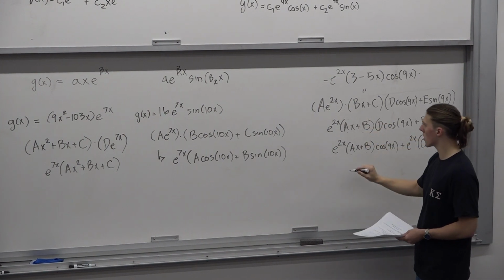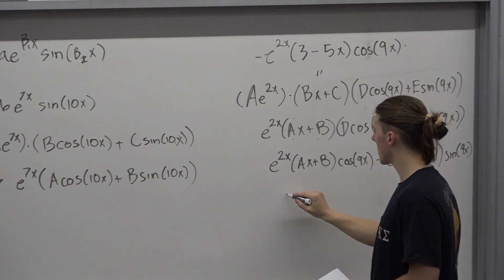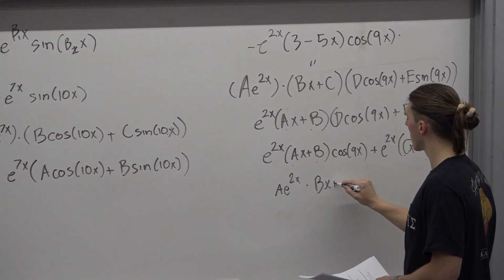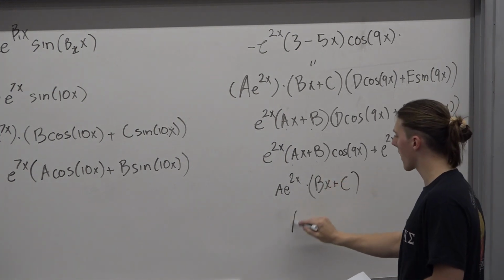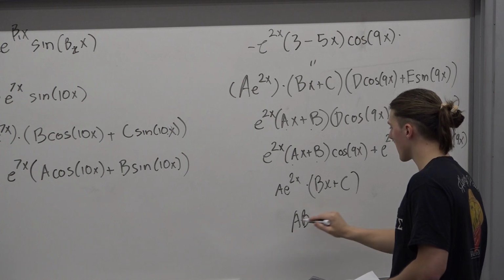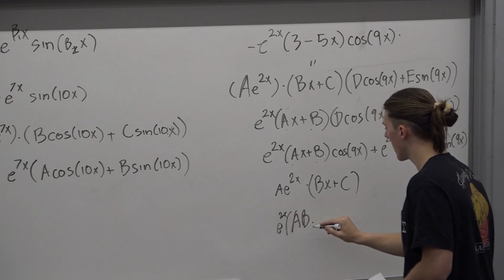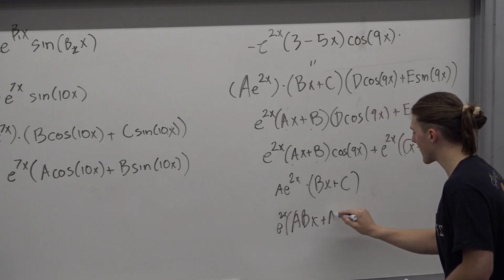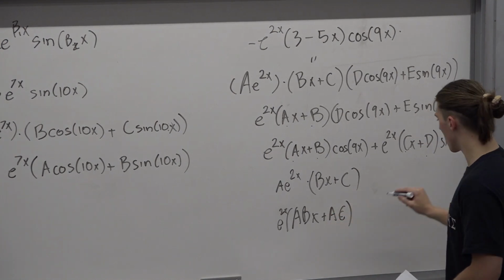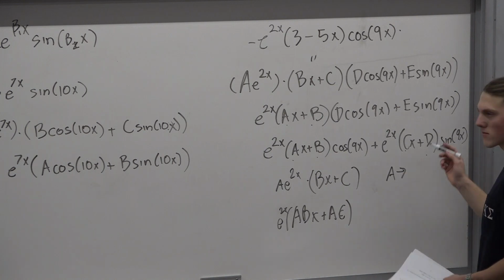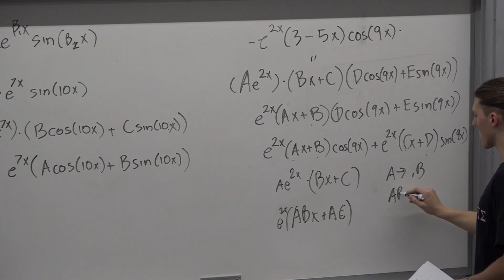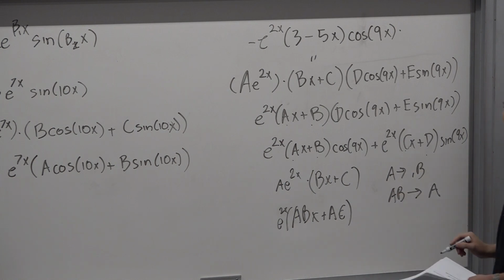So instead of going AB, and then it's ABX plus AC, instead of having that notation, we know that A is some number, and then B is some number, right? So we know their product is also some number, so I'm just renaming it back to A.